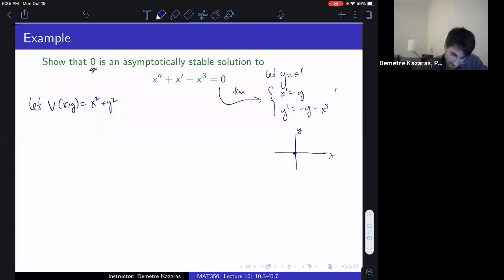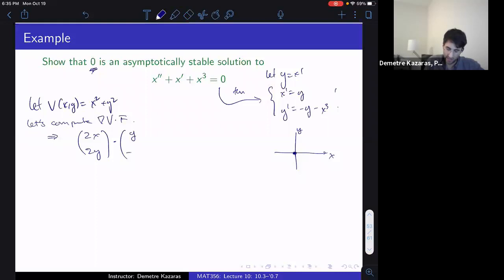Okay. Good. So now let's compute the gradient of v dot f. The gradient of v: take the x derivative here, you're going to have 2x, and then the y derivative down the bottom here, that's 2y. Easy enough. And then dot product with f, which is y, and then down here we've got minus y minus x cubed.